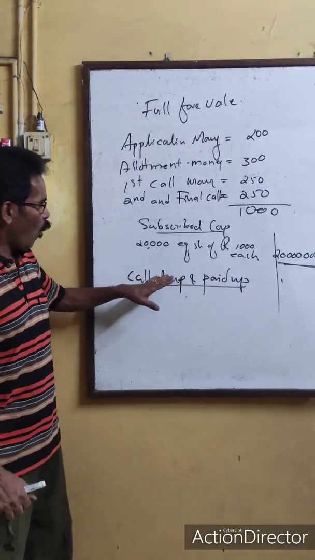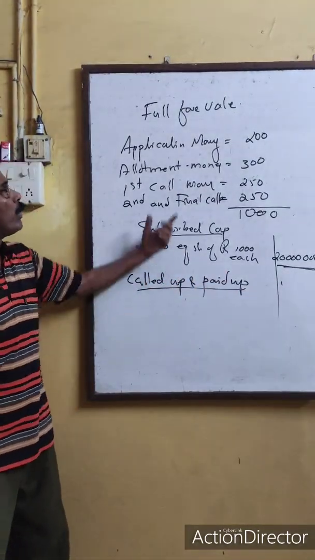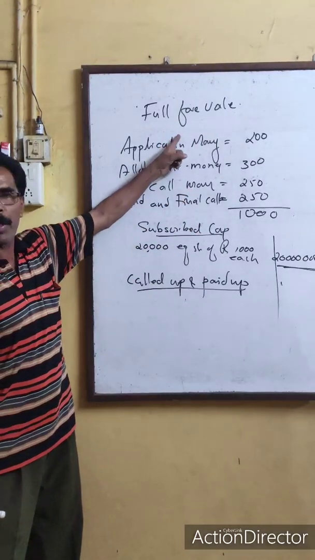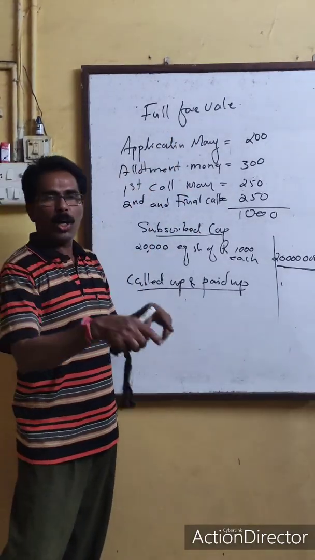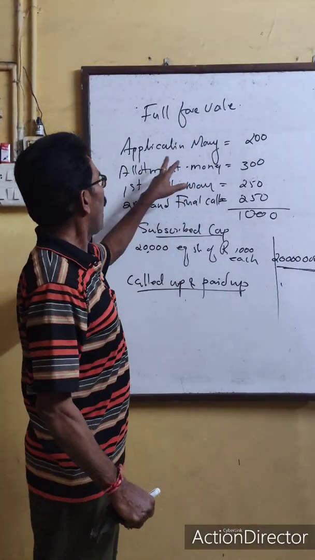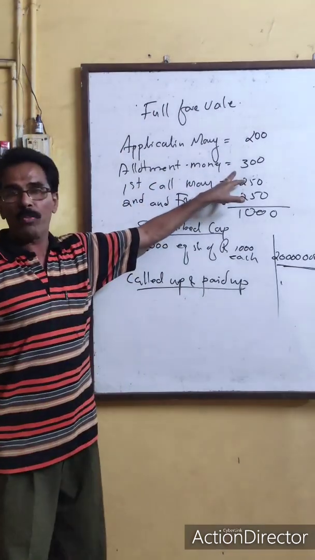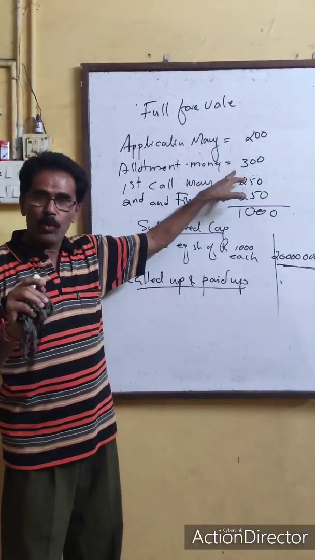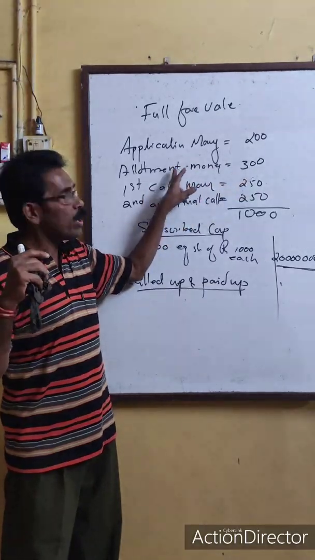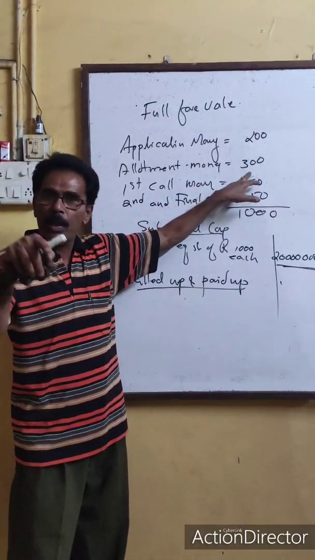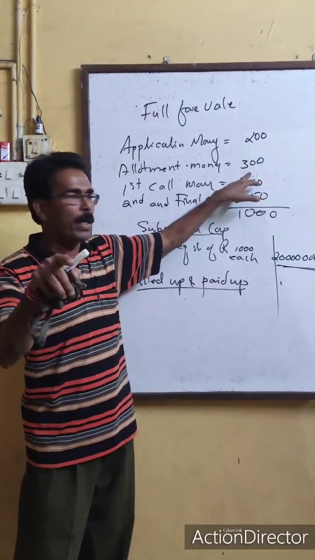So this is called up and paid up money. This is called up. At the time of application received, everybody has to pay 200 per share. And when the board of directors allots shares to the public, at that time the people should give 300 per share.